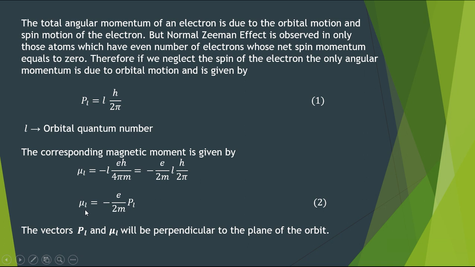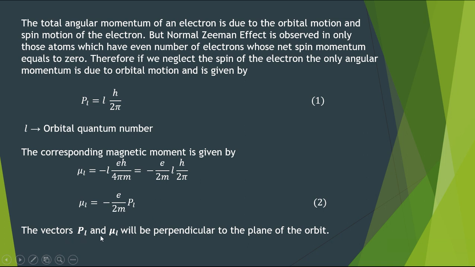Therefore, mu L is equal to minus e by 2m into PL. In this equation, e represents charge of the electron and m represents mass of the electron. The negative sign here indicates that the magnetic moment vector is always in a direction opposite to the direction of the angular momentum vector.